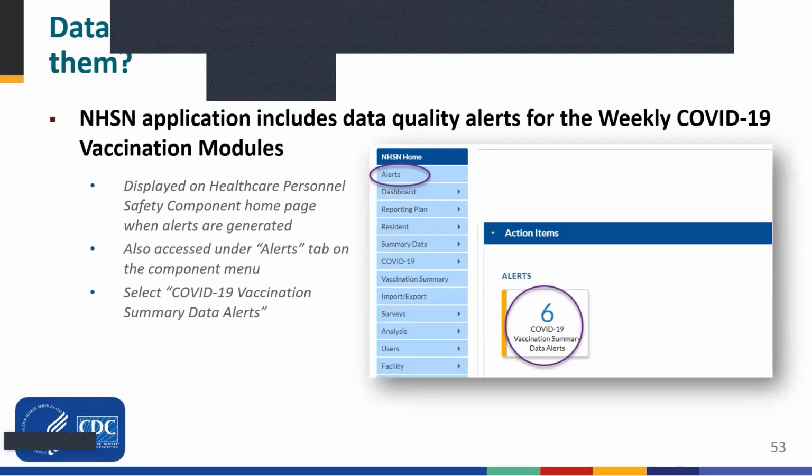NHSN regularly reviews data reported through the weekly COVID-19 vaccination modules to understand trends and to identify potential reporting errors. Data that were potentially entered in error are flagged by the NHSN application and displayed as a data quality alert on the application landing page. Users will see these alerts when logging into the healthcare personnel safety component, or can access the alerts by selecting Alerts from the left-hand component menu.